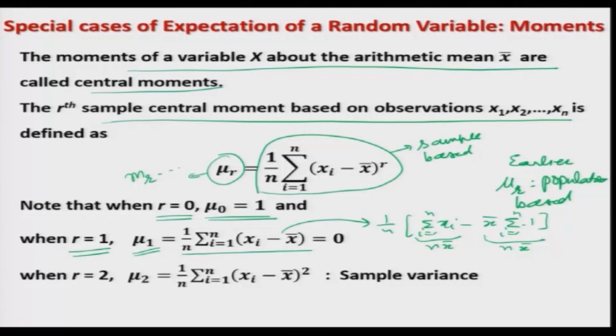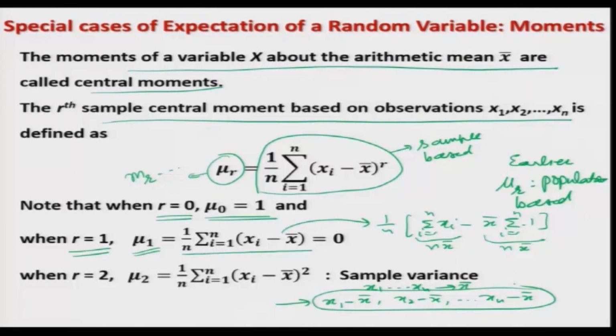That means if you are given some observations x1, x2, up to xn, and you transform them by finding their arithmetic mean and defining x1 as x1 minus x bar, x2 as x2 minus x bar, and so on, xn as xn minus x bar, then the mean of this set of newly transformed observations will always be equal to 0, and that is a property which is very frequently used in statistics.